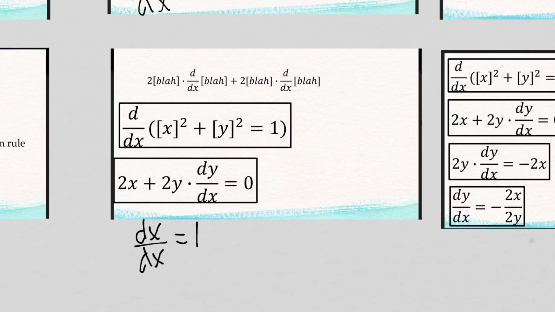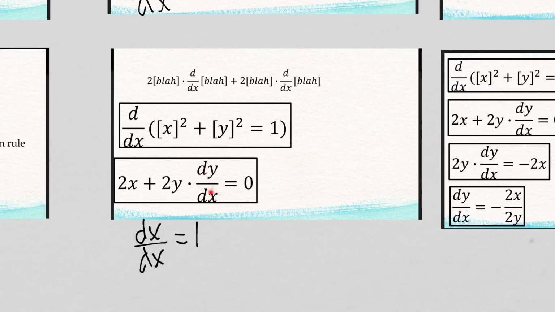But right here, again, the derivative of blah squared is 2 blah, but then we have to multiply by the derivative of blah with respect to x. How much does y change when x is nudged a little bit? Well, that's what we're trying to find out. That is the definition of the derivative. We want to find dy dx. We can consider this as basically just a variable right now.